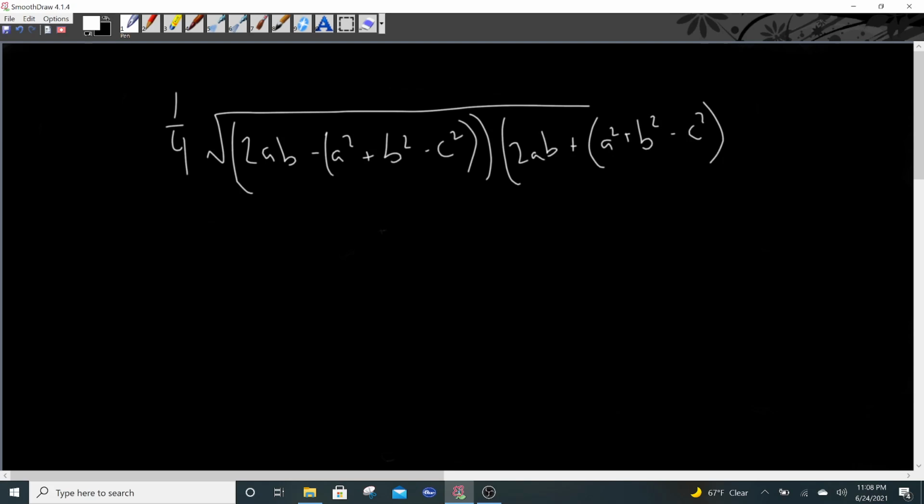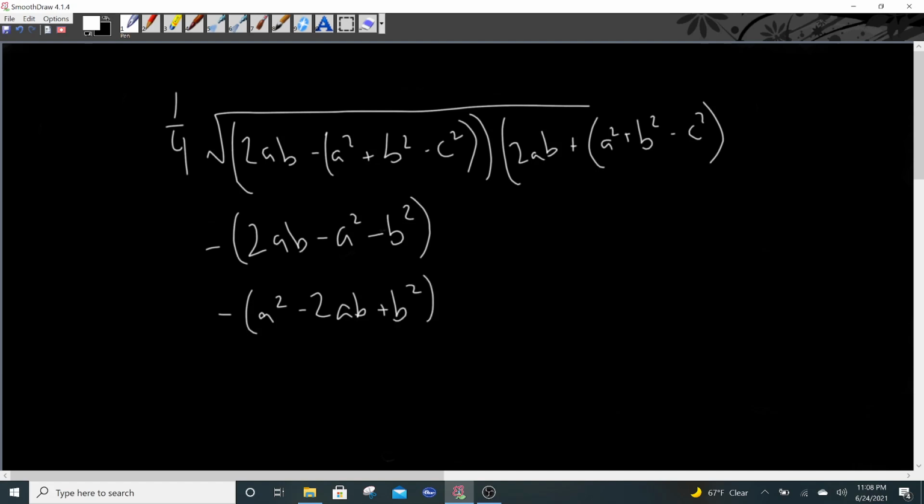So this one would be 2ab minus a squared minus b squared. We can factor out the negative, and then that would be minus (a squared minus 2ab plus b squared), which is what we want. And then we would have a squared plus 2ab plus b squared minus c squared, which is what we want. And then this is going to be obviously a plus b squared.